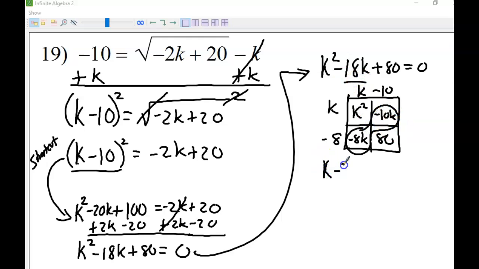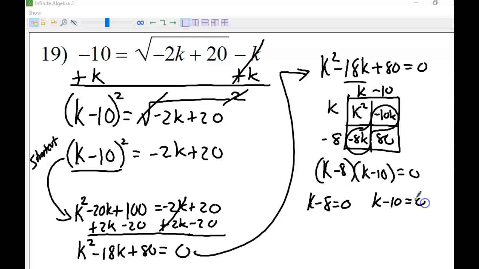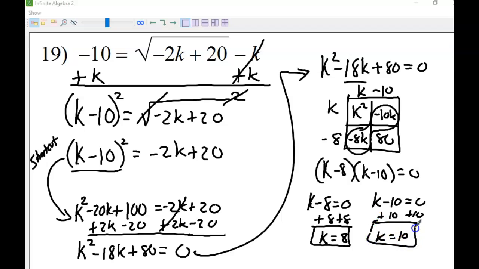So we have k minus 8 multiplied by k minus 10 equals 0. Set them both equal to 0 and solve. Once again, you want to make sure it doesn't make any of your insides equal to 0.